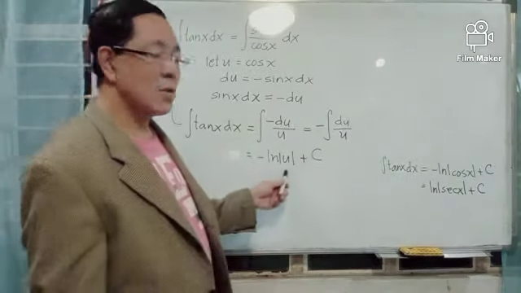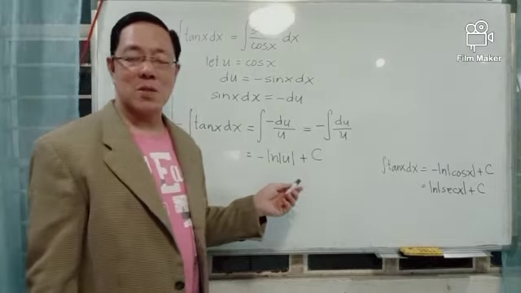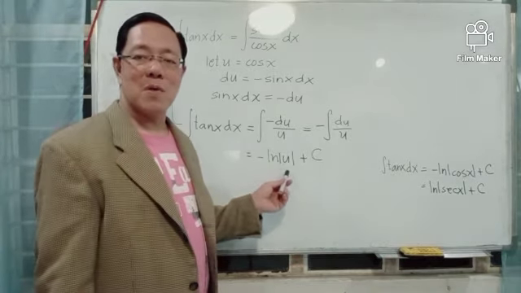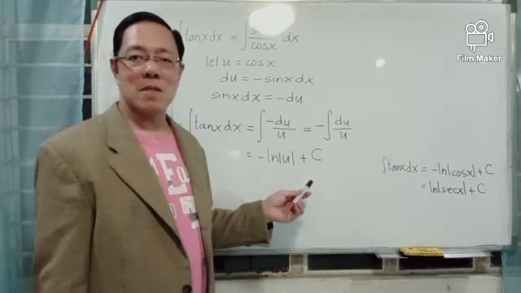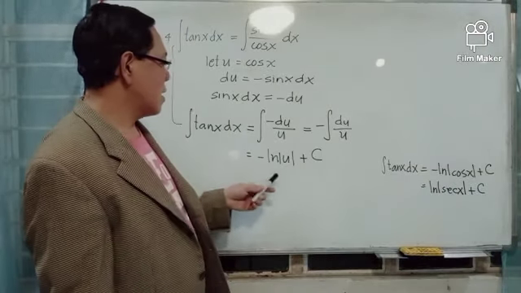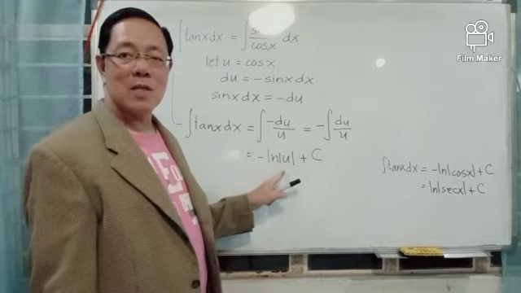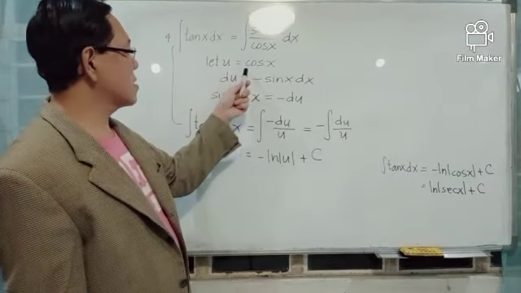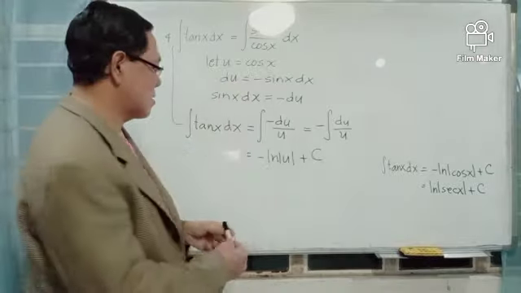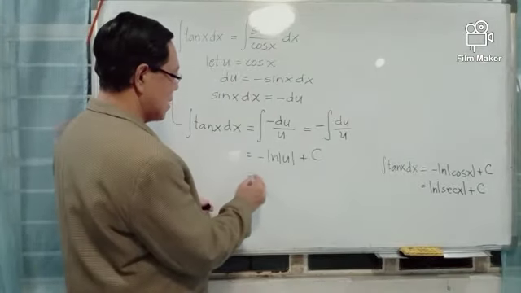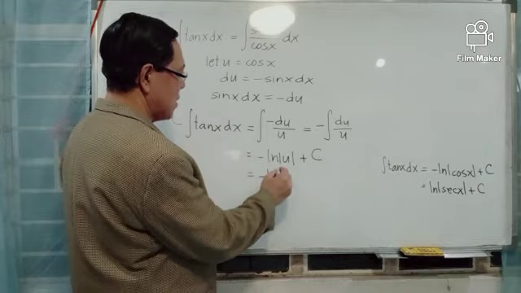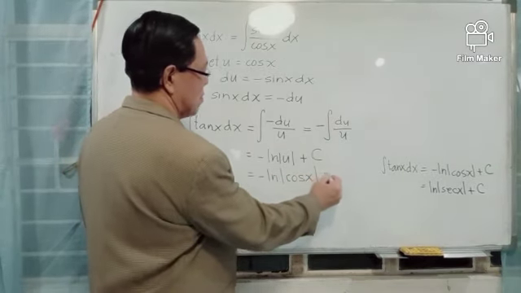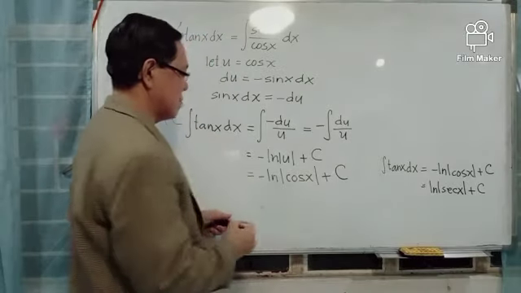We write u in absolute value because we are not sure if u is positive, and u has to be positive for the natural logarithm of u to exist. And to write the answer in the original variable x, we replace u with cosine x. This is now equal to negative ln of the absolute value of cosine x plus c.